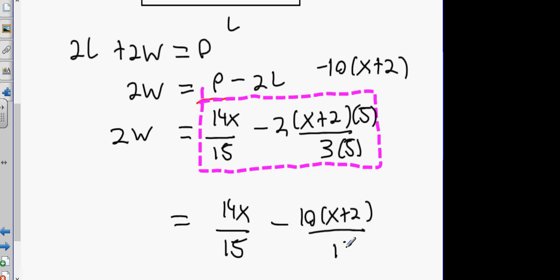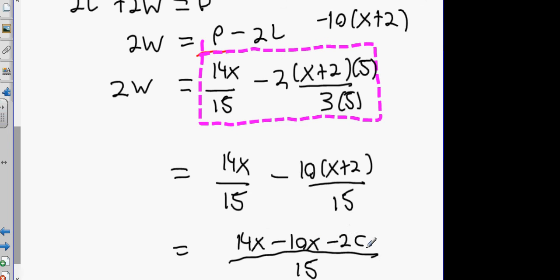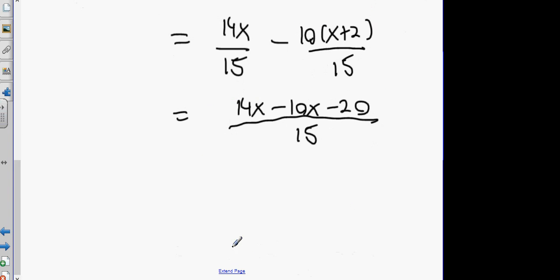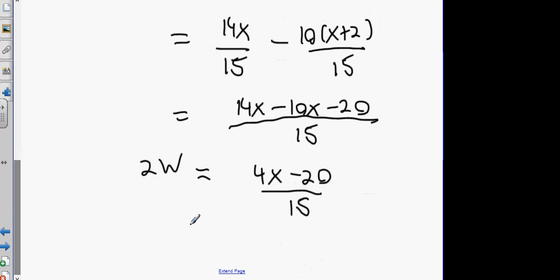Common denominator is 15. We're going to get 14x minus 10x minus 20. Then what we're going to get after here is going to be 4x minus 20 over 15.